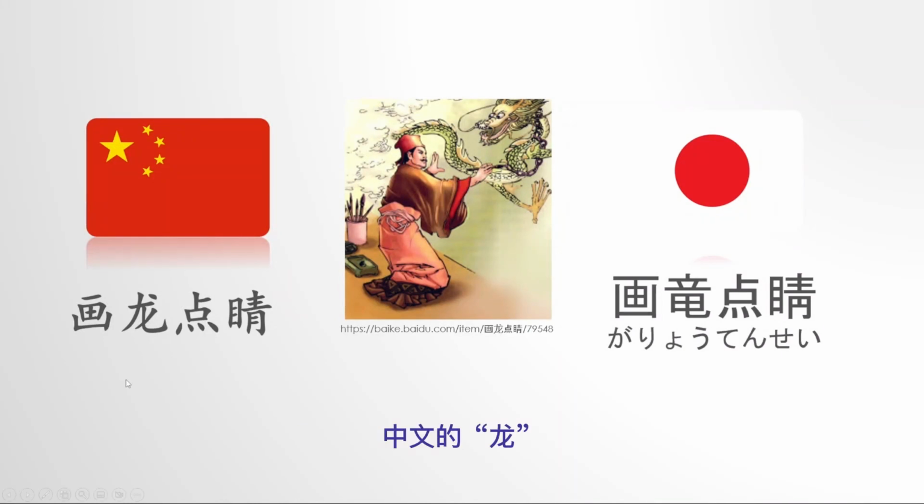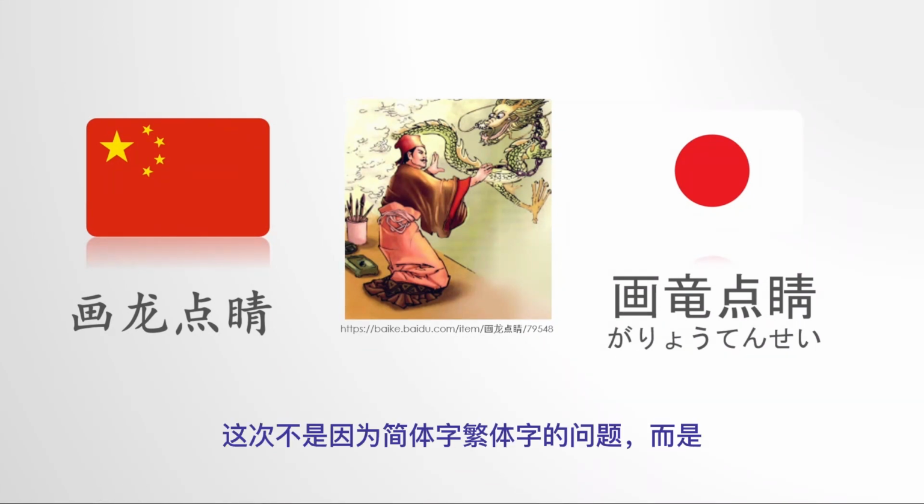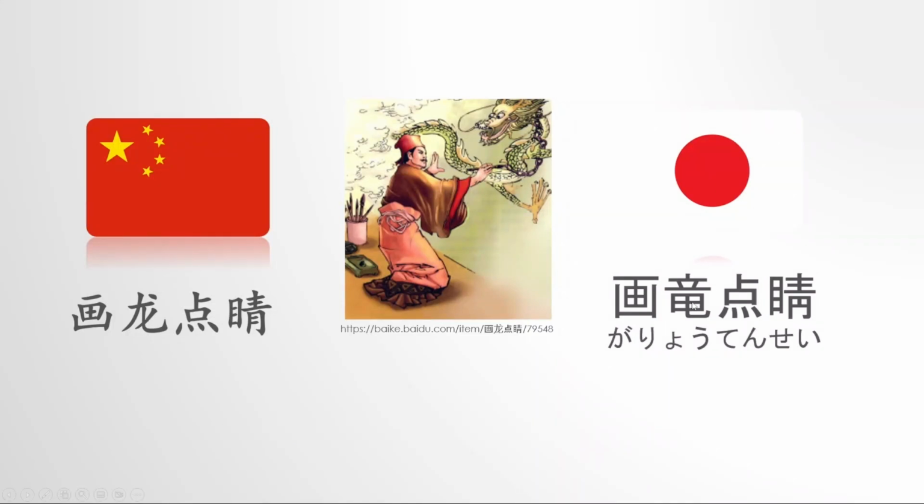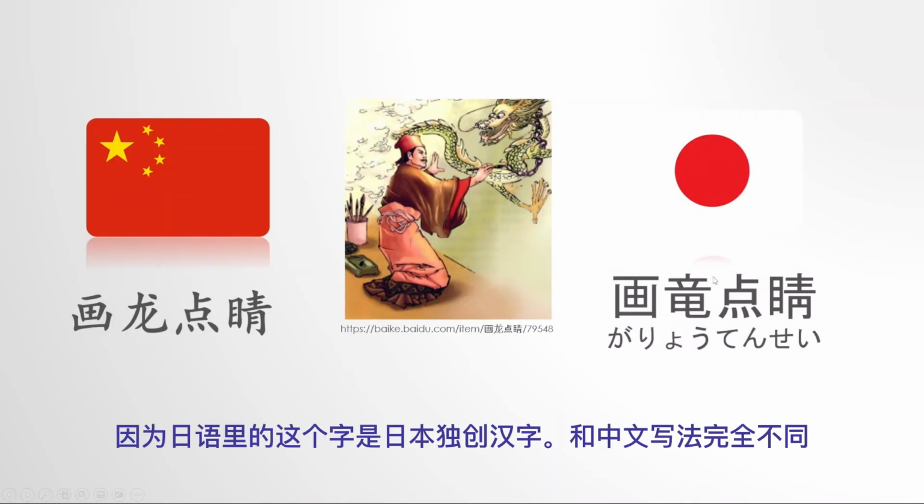The Chinese long and Japanese ryo are different in this case as well. This time it's not because of traditional characters, but rather because Japanese uses a different word entirely than Chinese.